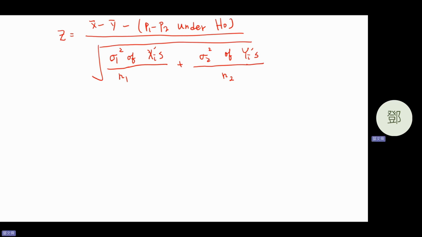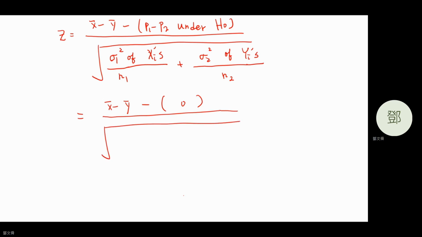So this is minus 0, because under the null hypothesis it is 0. And N1 P1 (1 minus P1) plus N2 P2 (1 minus P2).